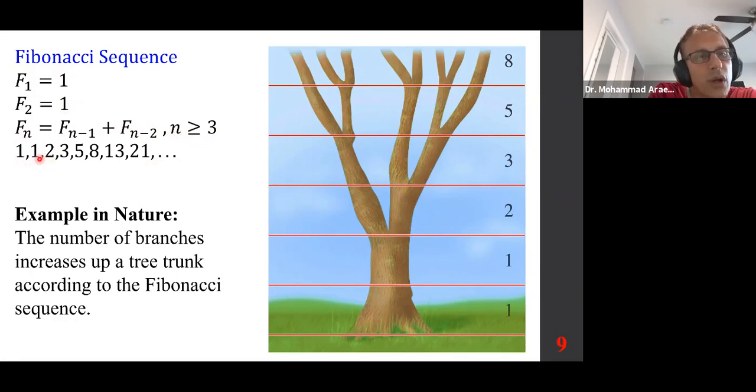What happens to this one? 1 plus 1 is 2. 1 plus 2 is 3, 2 plus 3 is 5, 3 plus 5 is 8. 5 plus 8 is 13, 8 plus 13 is 21. Can anybody give me the next term? What would be the next term? Anyone?